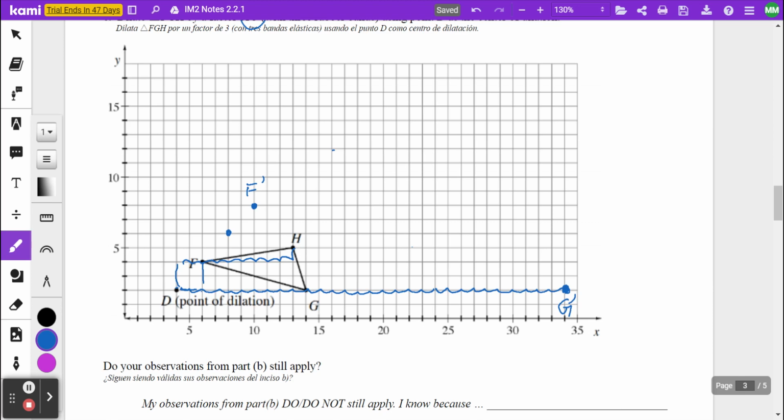All right, I'll go over 9 2 more times. 1, 2, 3, 4, 5, 6, 7, 8, 9. I'm going to do that one more time. 1, 2, 3, 4, 5, 6, 7, 8, 9. And then I'm going to go up 3 2 more times. 1, 2, 3, 1, 2, 3.